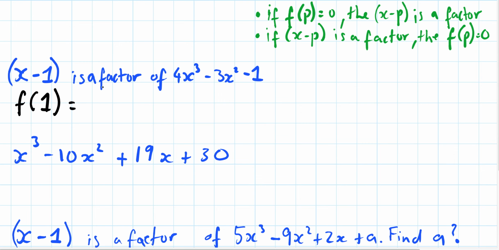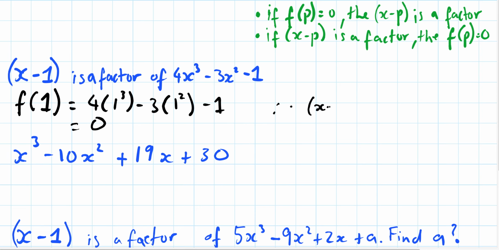So we'll just substitute it in. 4 times 1 cubed minus 3 times 1 squared minus 1 equals 4 minus 3, which is 1, minus 1, which is 0. Therefore, x minus 1 is a factor.